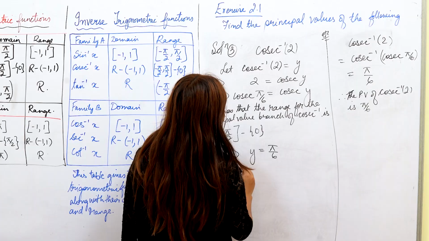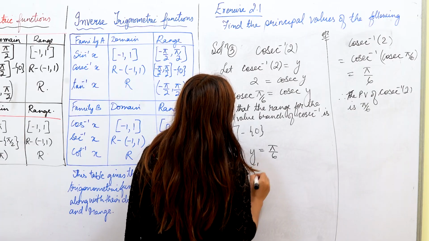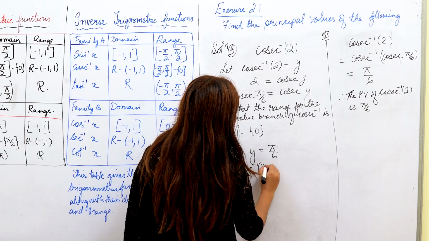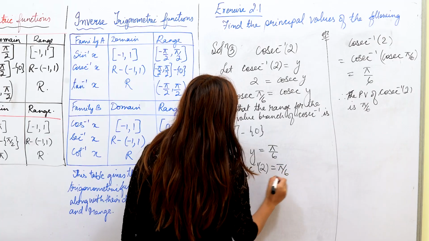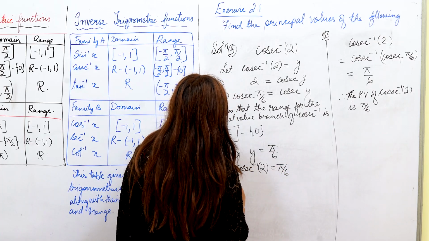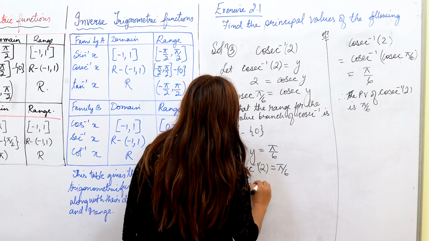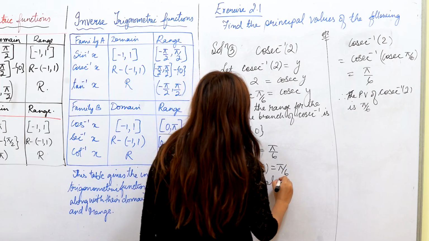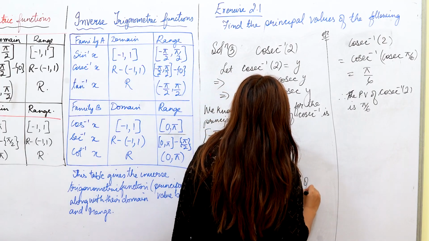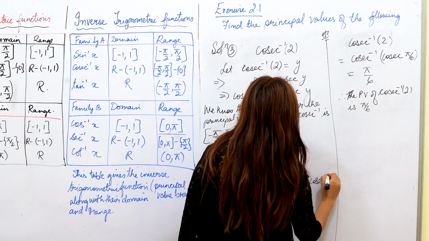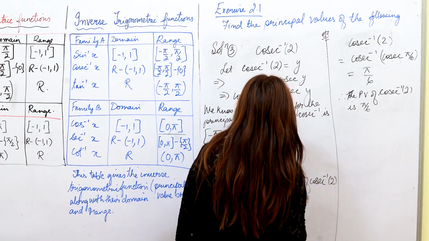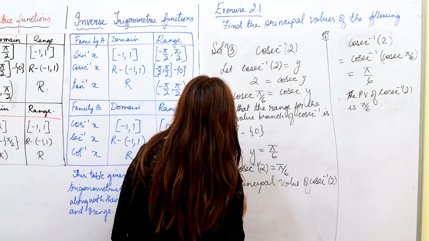Therefore, cosec inverse 2 equals pi by 6. The conclusion: the principal value of cosec inverse 2 is pi by 6.